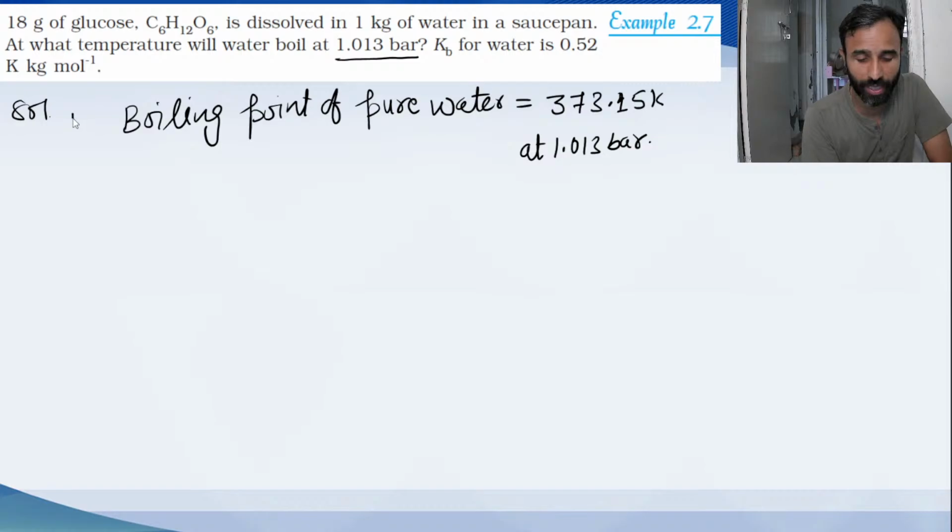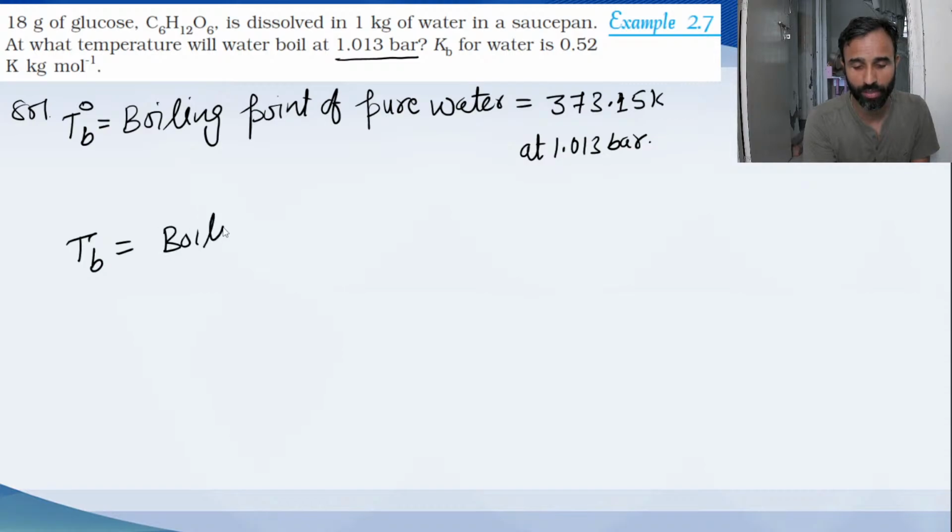That is T naught B. In the question it is not given directly, but it is given indirectly.